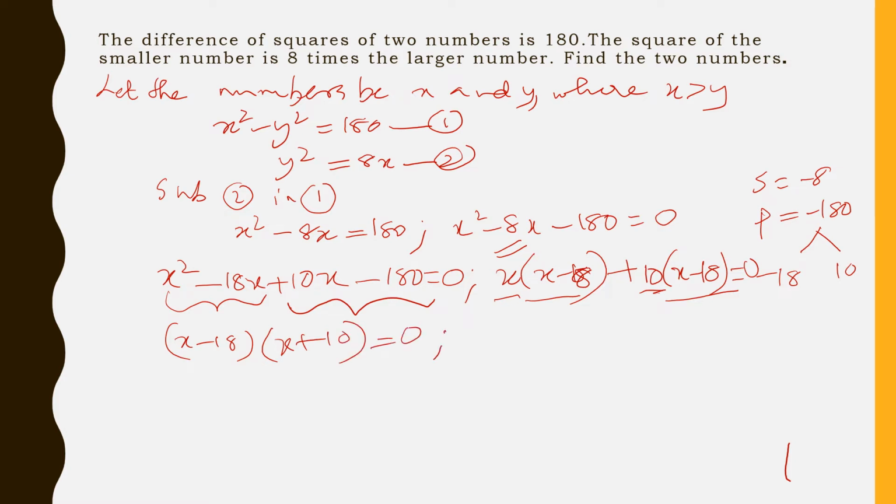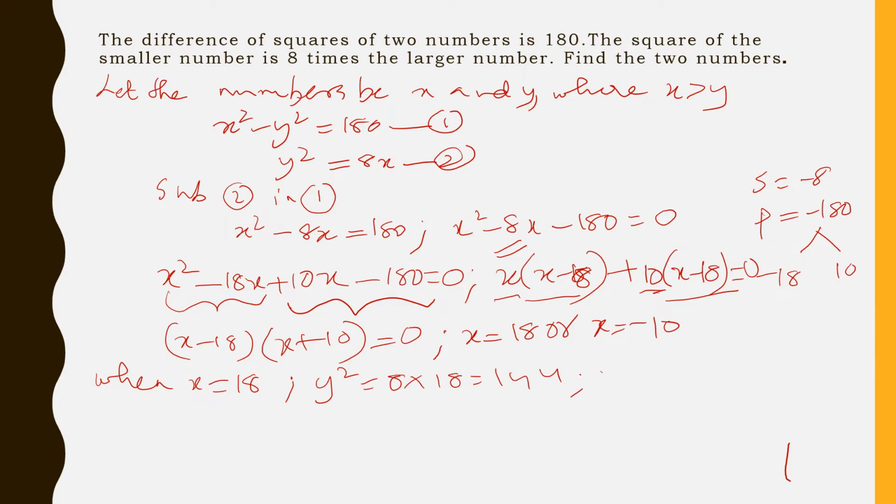So when you equate x minus 18 equal to 0, you will get x equal to 18 or x equal to minus 10. Now coming back to the second equation, y square equal to 8x. So when x is 18, y square will be equal to 8 into 18, and that is 144. And what is y then?